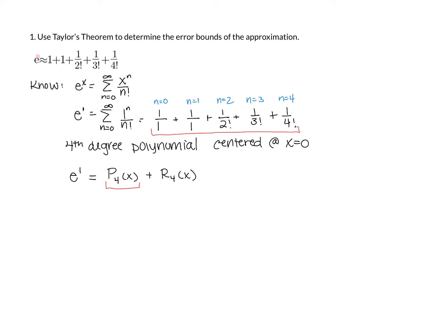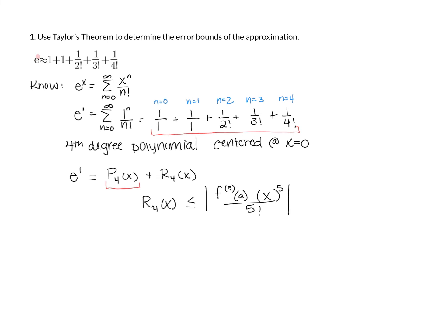So we know that the remainder that we want, according to Taylor's theorem, needs to be less than or equal to f, the 5th derivative, because it's 1 more than the polynomial, evaluated at some point, we'll talk about what that means, times x minus the center, but my center is 0, so x to the 5th over 5 factorial.